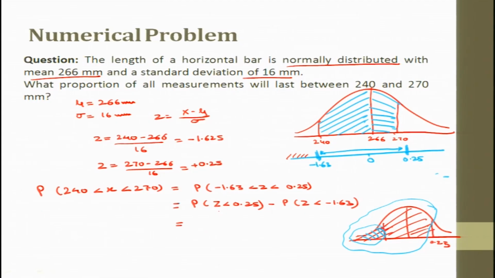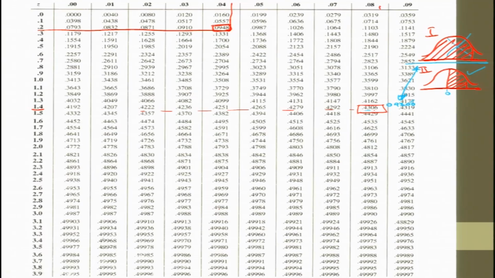So here the value of z at 0.25, I need to see the value, and 1.63. For 0.25, the value is 0.0987. So 0.5 would be added here, plus 0.5 in my case, because I need the whole probability. Then for minus 1.63, 1.6 is here, 1.6 and 1.63, it is 0.4484, and I need the other side of value.